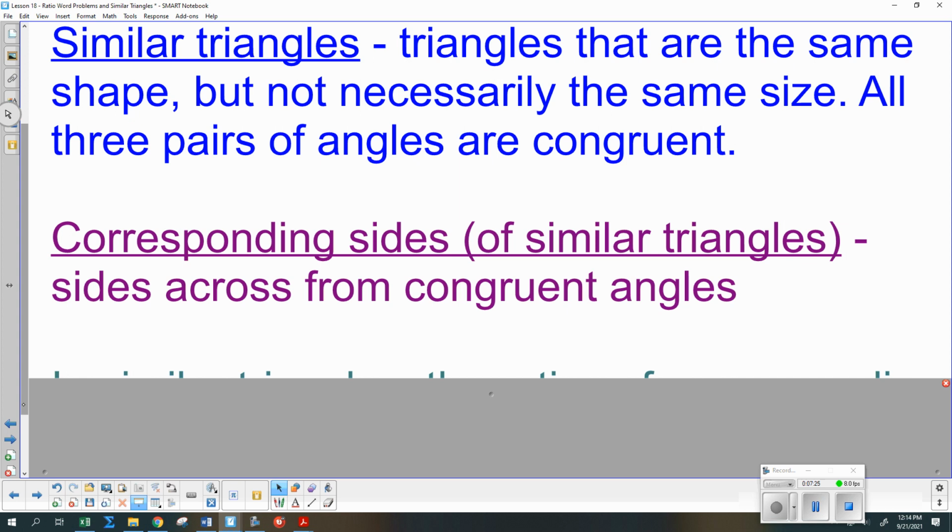And we define corresponding sides as ones that are across from the congruent angle. So if I have my two triangles, 20, 60, and 100 degrees, whatever sides are across from the 20s in the two triangles are corresponding sides. Whatever ones are across from the 60s are corresponding sides. Whatever ones are across from the hundreds are corresponding sides.